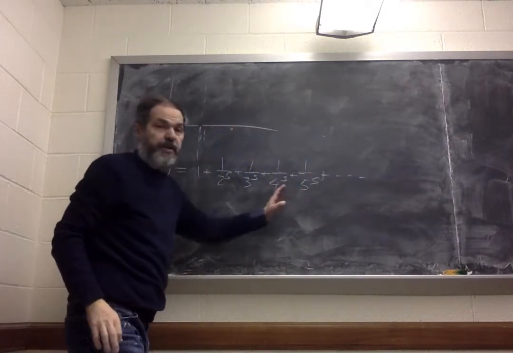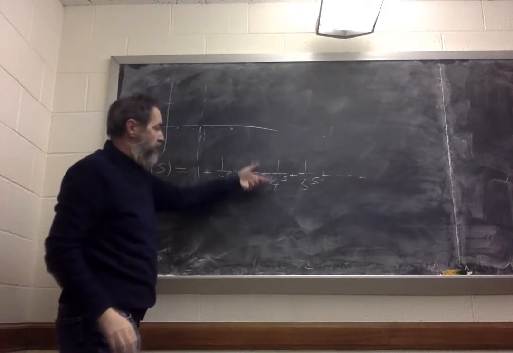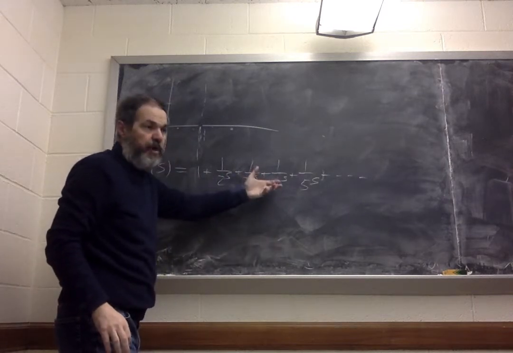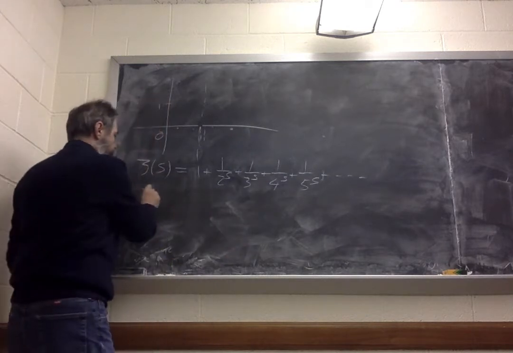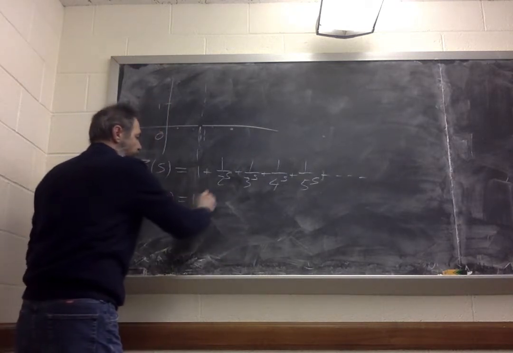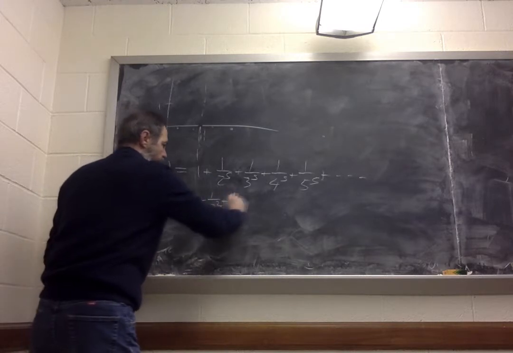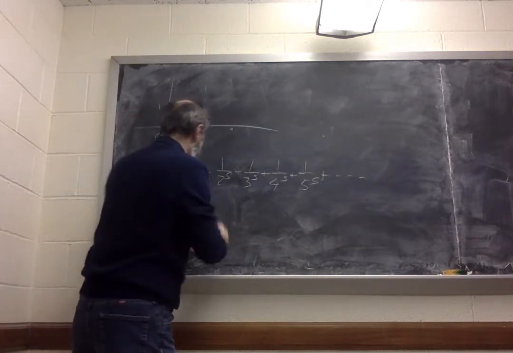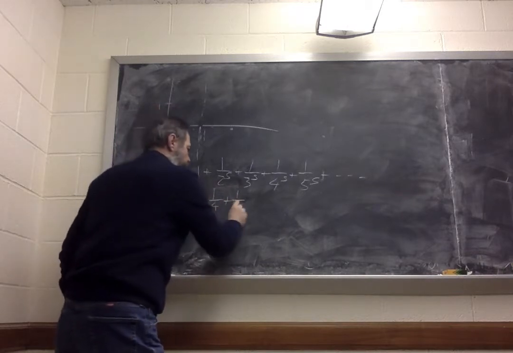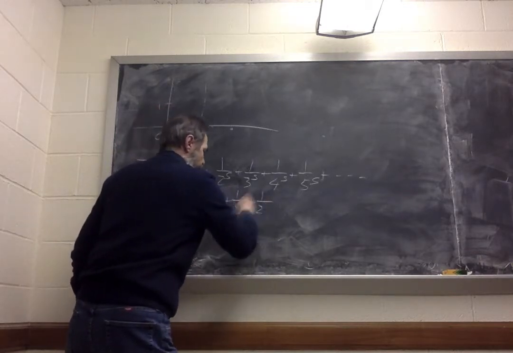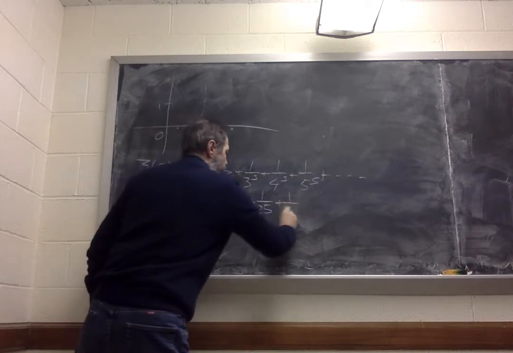All the positive integers I take, I raise them to the s power, and I invert this. So for instance, zeta of 2 is 1 plus 1 over 2 squared plus 1 over 3 squared. So in other words, 1 plus 1 over 4 plus 1 over 9 plus 1 over 16 plus 1 over the next square, 25, plus 1 over 36 and so on.